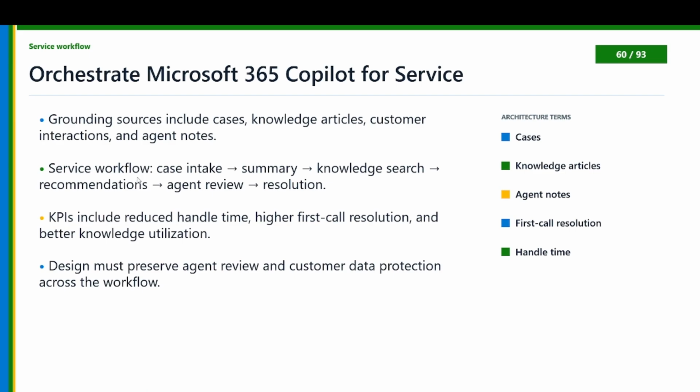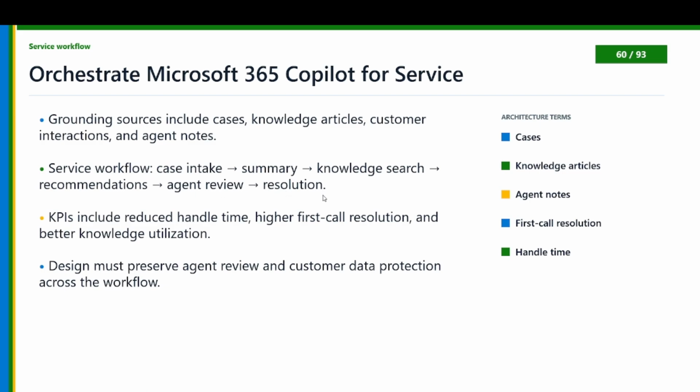Then the service workflow that you can follow here in orchestrating Microsoft 365 Copilot for service is: case intake first, then summary. The agent summarizes the case, and then the agent grounds the summary with knowledge search from the knowledge base, and the agent makes recommendations, and then the agent reviews the recommendation, and then the resolution is made, and then the workflow is ended.